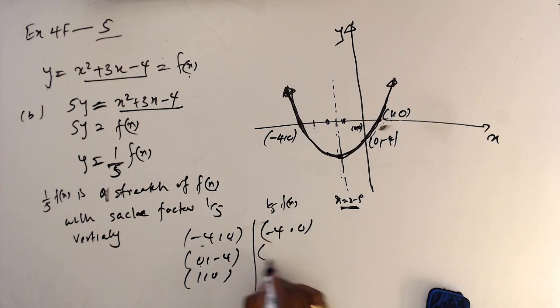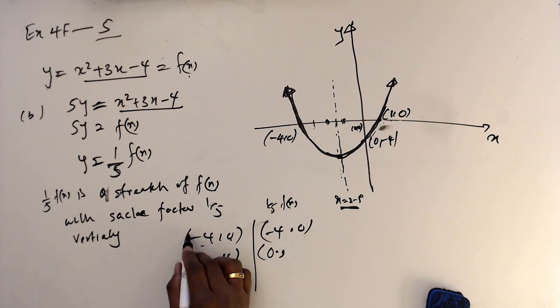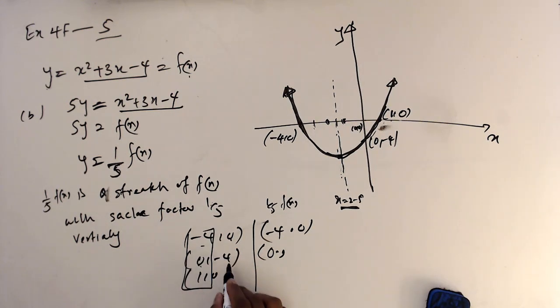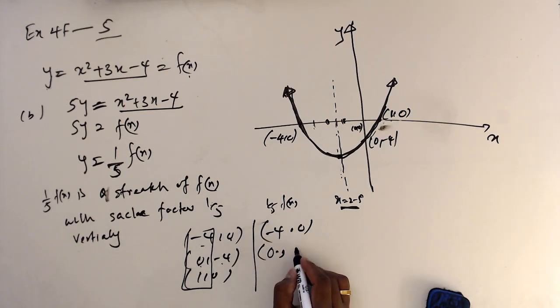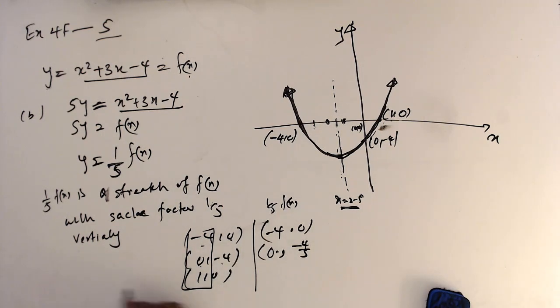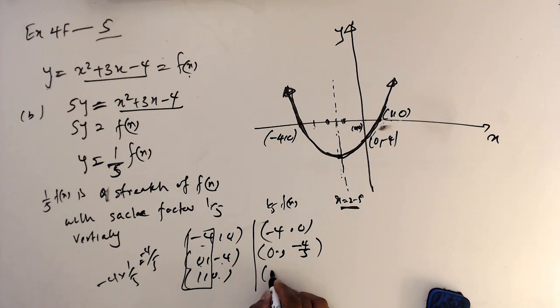Then this one 0 as it is, we don't touch x values. Then minus 4 times 1/5 is minus 4 over 5, and then this is 0, this is 1, as it is. 0 times 1/5 is 0.